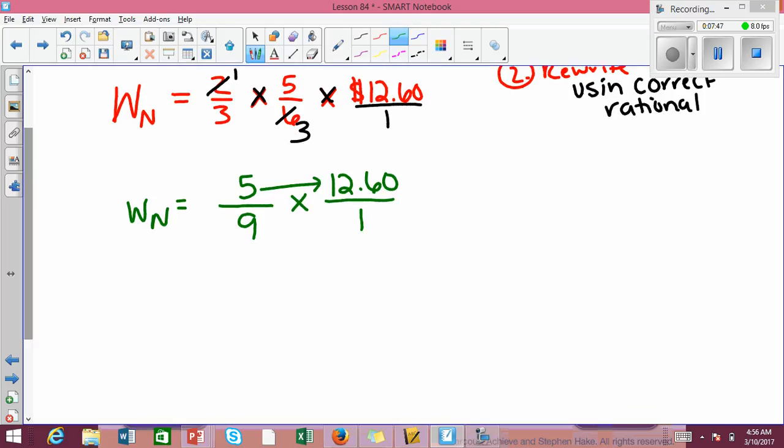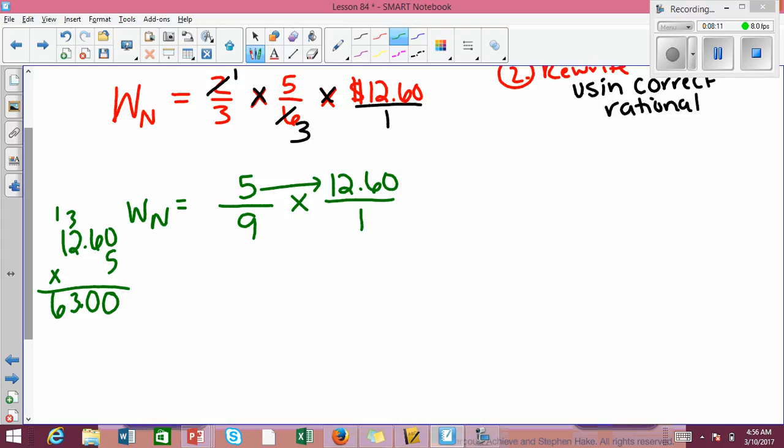We're going to take 1260 times 5. 12 times 5 is about 60, so we should end up somewhere close to there. 5 times 0 is 0. 5 times 6 is 30. 5 times 2 is 10, plus 3 is 13, and 5 times 1 plus 1 is 6. $63.